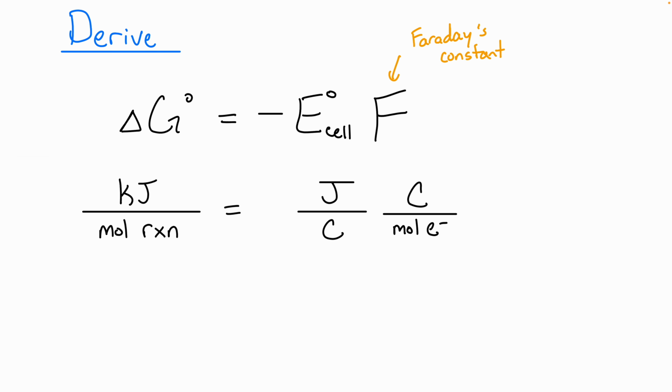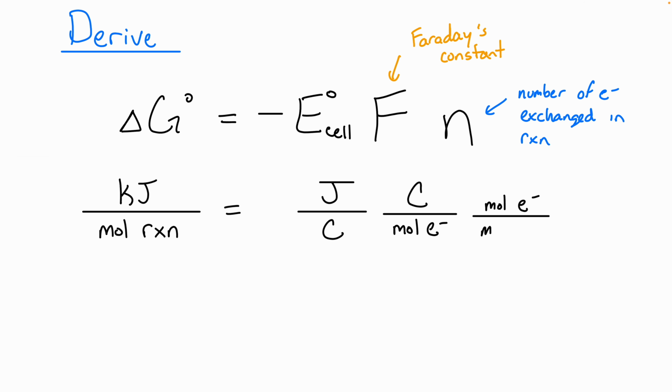And we're almost there. We have moles of electrons and moles of reaction, so we're going to multiply by one more term, N. This is the number of electrons exchanged in your reaction. So our units would be moles of electrons per mole reaction.